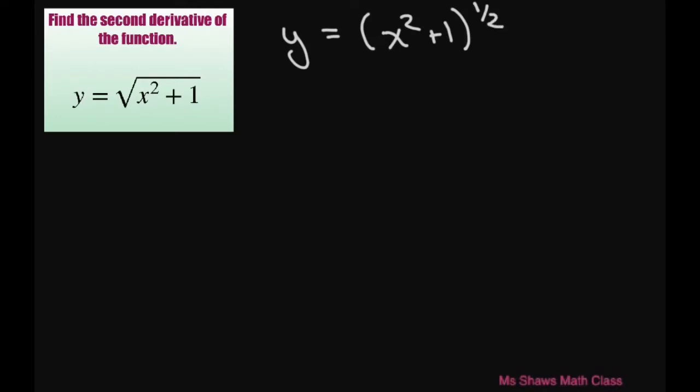So using the chain rule, we get y prime equals 1/2 times x squared plus 1, and you subtract 1, you get negative 1/2, times the derivative of the inner function, so that's just going to be 2x.